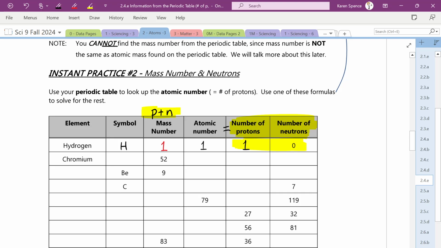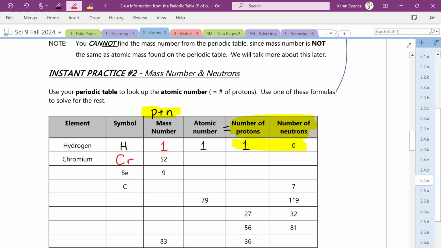Okay, let's do the second one just for argument's sake. Chromium. Please look up the symbol for chromium on your periodic table. CR, very good. And what is the atomic number for chromium? 24.